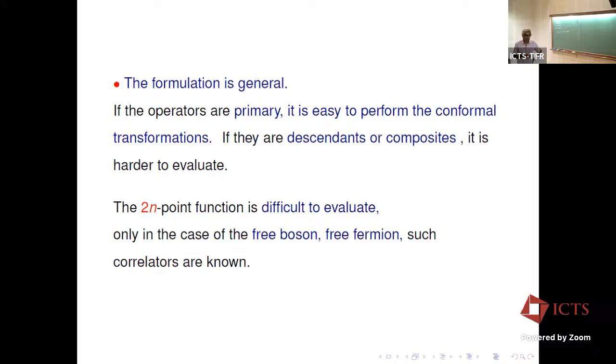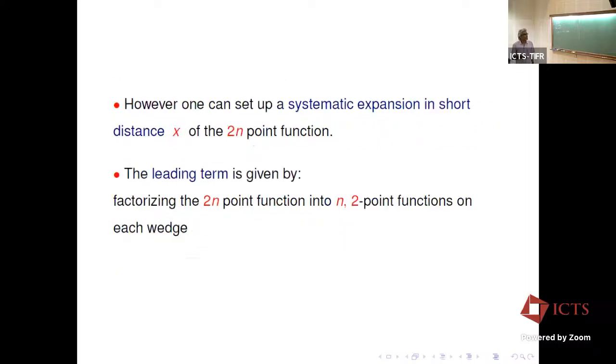Now, the 2n point function in general is difficult to evaluate. Only in the case of, say, free bosons or free fermions, you can just get the exact answer. But one can set up a systematic short distance expansion, that is, an interval distance expansion of the 2n point function. And here's a picture of the short distance expansion. I will tell you the formula soon.